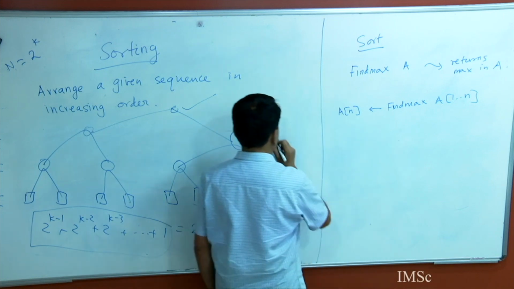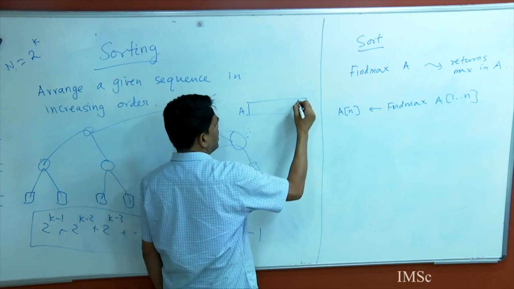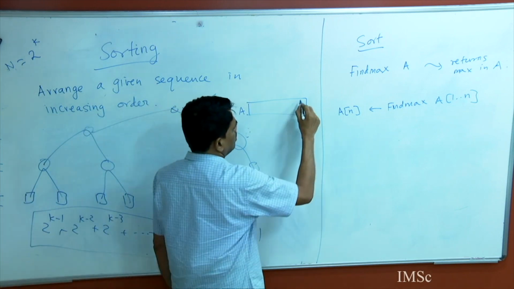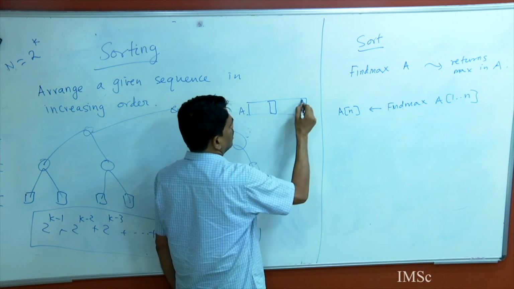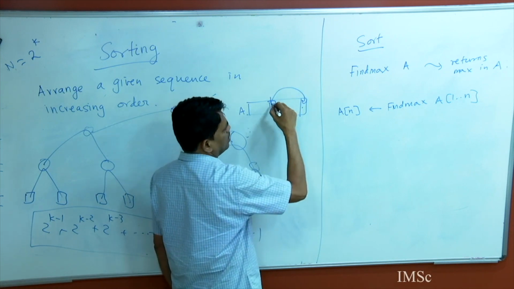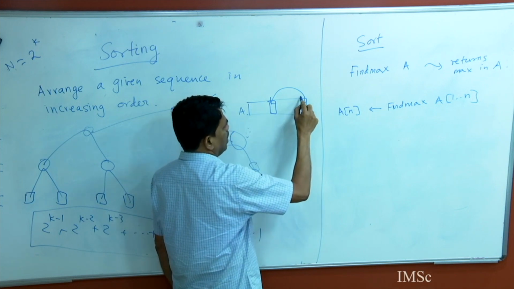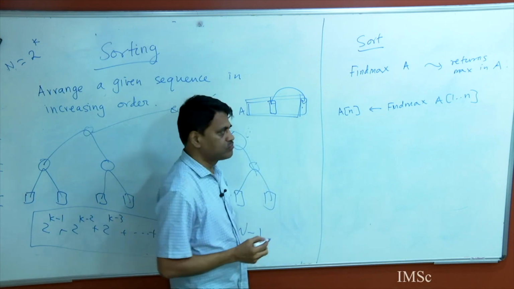So I have my array A, I find the max, you know how to do it in n minus 1 comparisons, put it here, and wherever max was, I will swap it with whatever is currently the last element of the array, and then give the find max algorithm this smaller array, right?